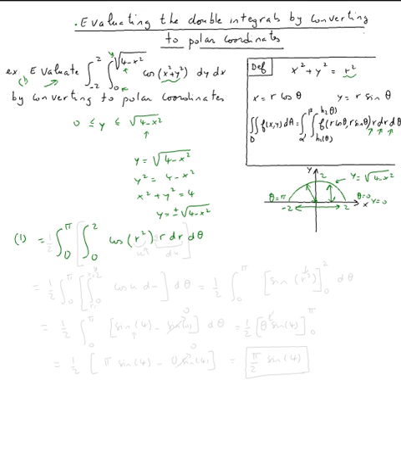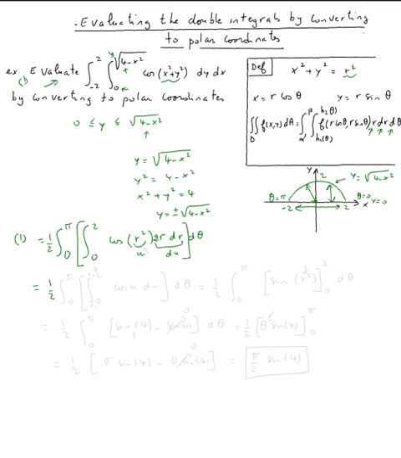Alright, so how do we do the double integral? If I call this a u, then the du will be 2r dr d theta. So I'm going to multiply by 2, divide by 2. Now I have a u and a du. So I'm just doing the inner integral.